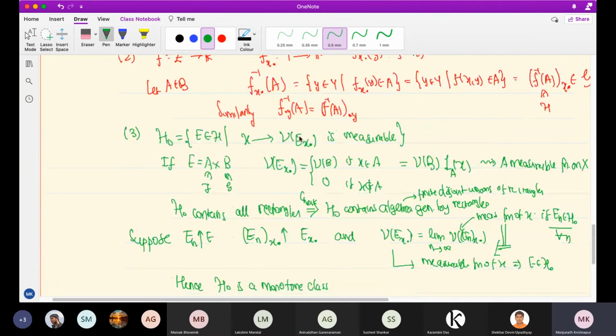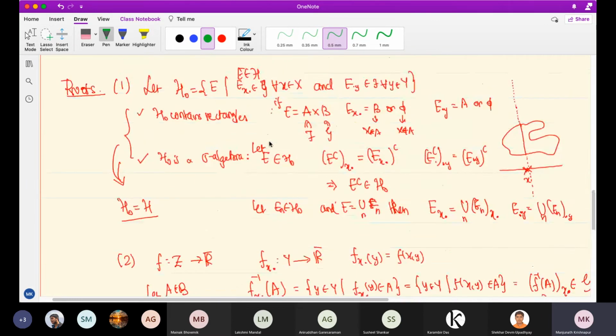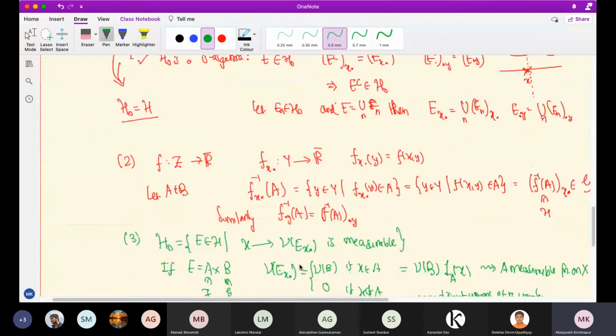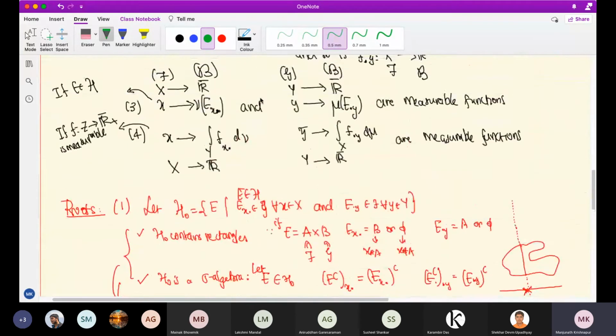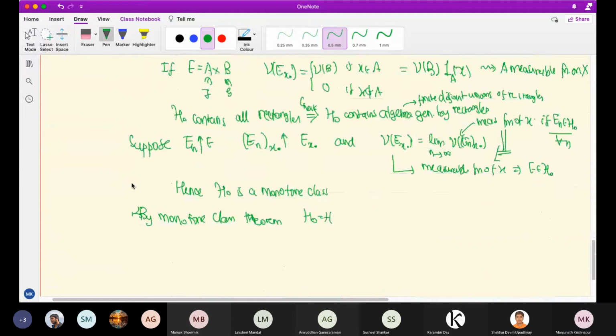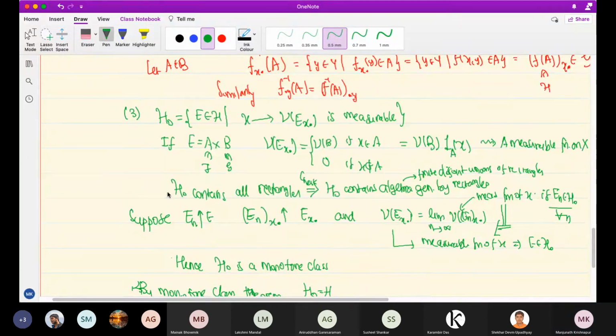That means for all E in H, this is true, and the other statement is almost an identical one. So you can now put that also in here or do it separately. Okay, so that proves 3. So we have proved 1, 2, and 3. Any questions about the proof of 3? Is it okay?